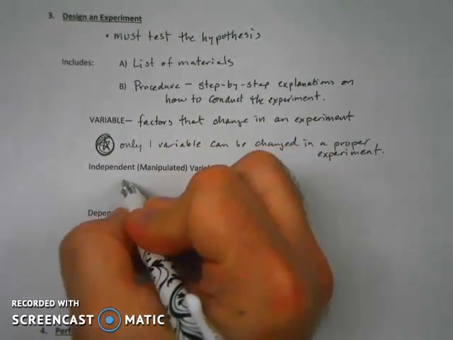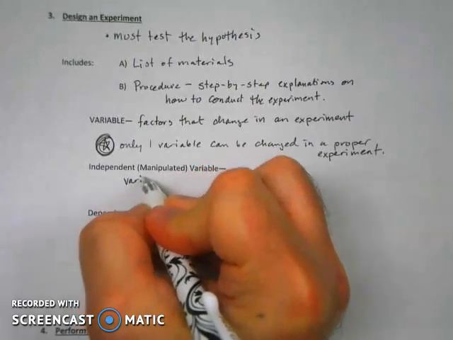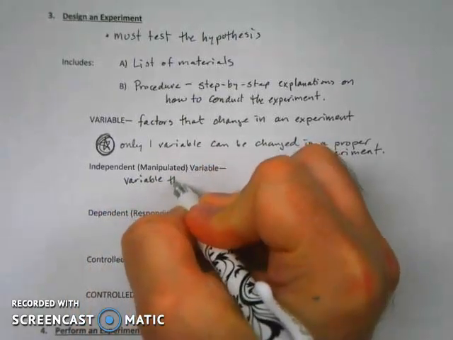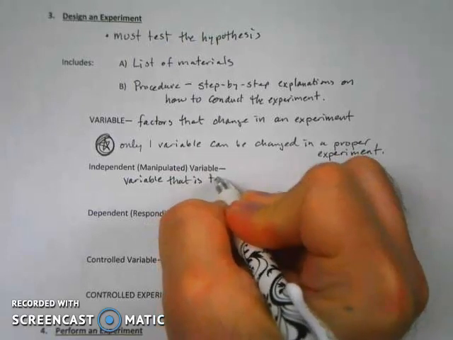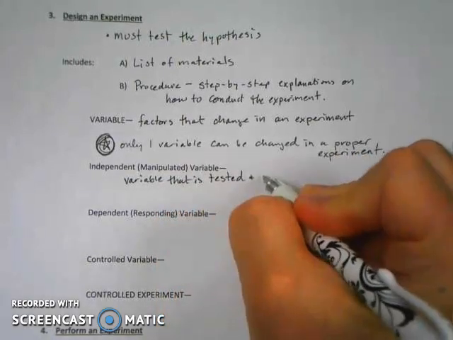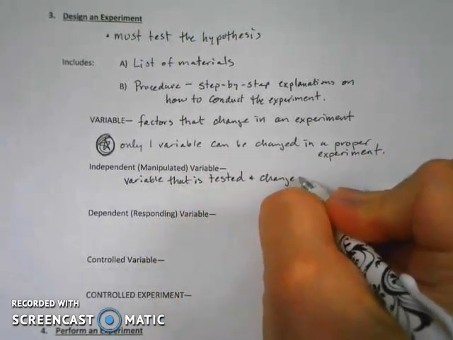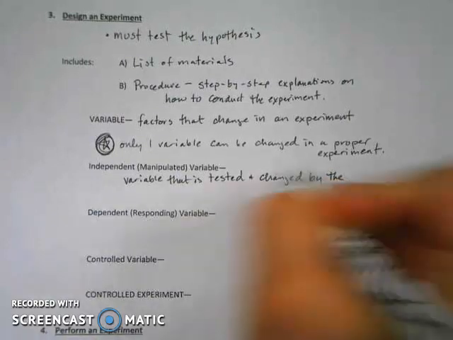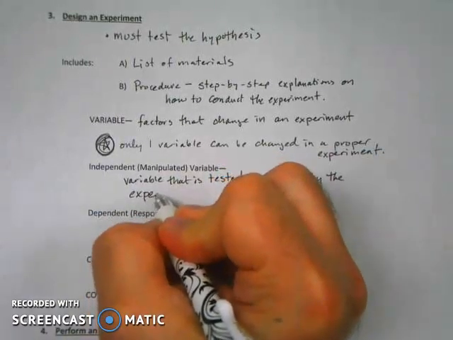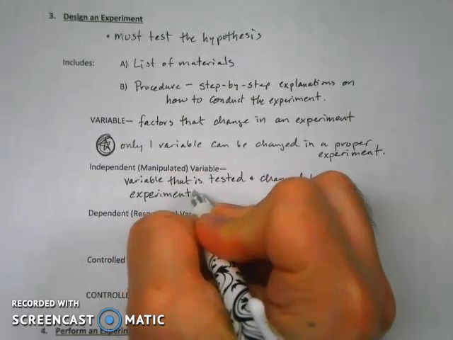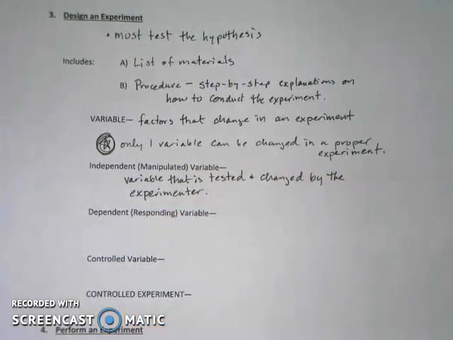Because an independent variable is a variable that is tested and changed by the experimenter. So the scientist who's running the experiment. So this is the one that is changed.